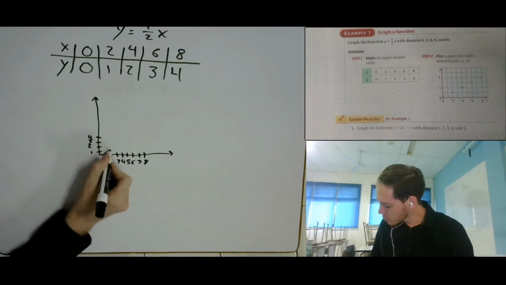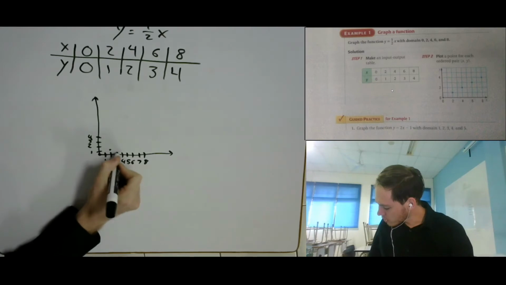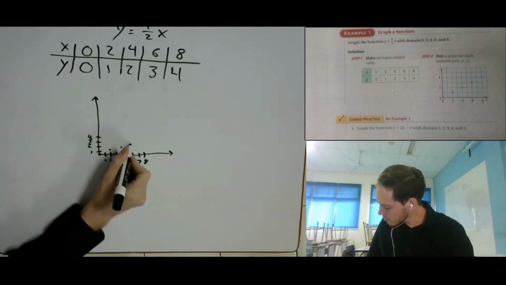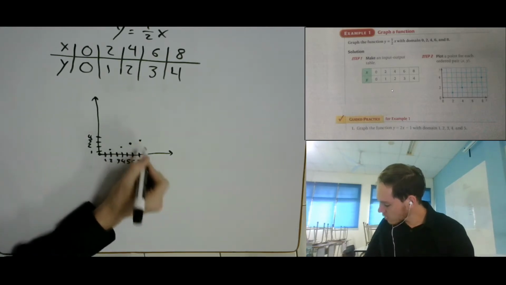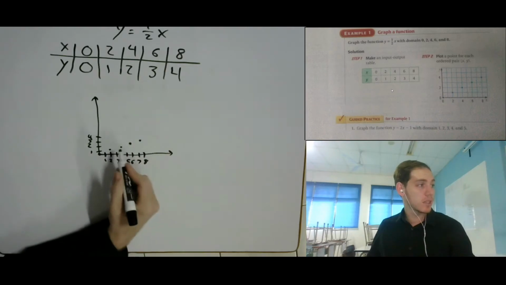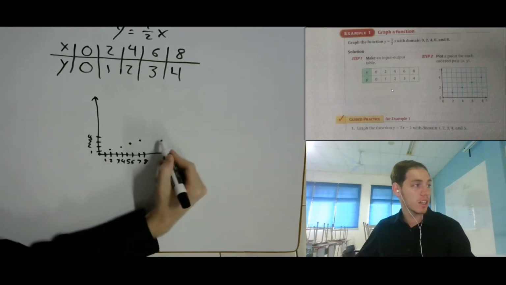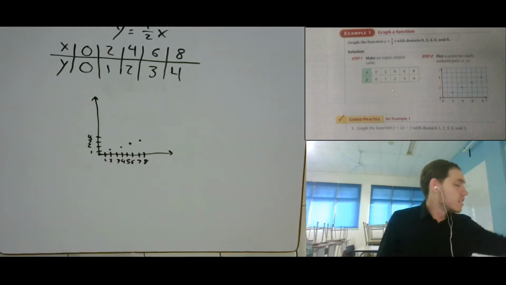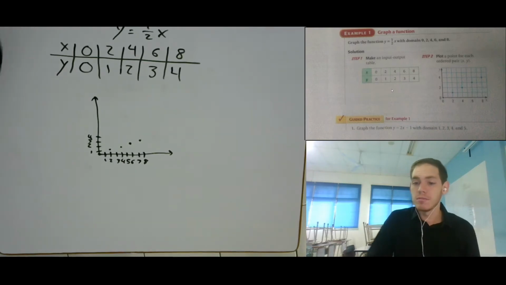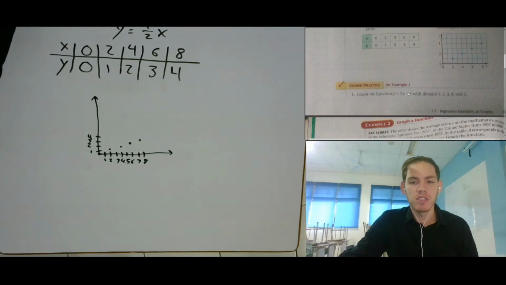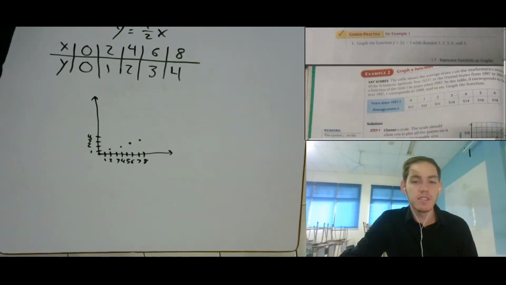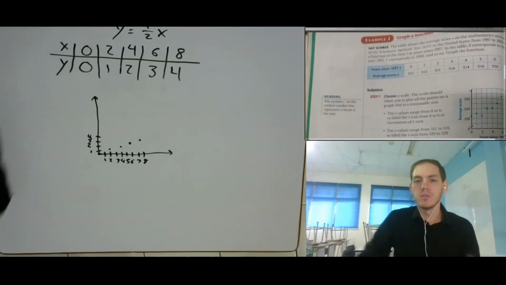So 0 goes up to 0, 2 goes up to 1, 4 goes up to 2, 6 goes up to 3, and 8 goes up to 4. Roughly speaking, this should be plotted along a line. It doesn't have to be exact. So you guys can practice. It's okay if you don't, because we're going to move on.